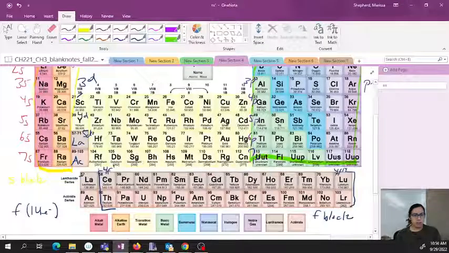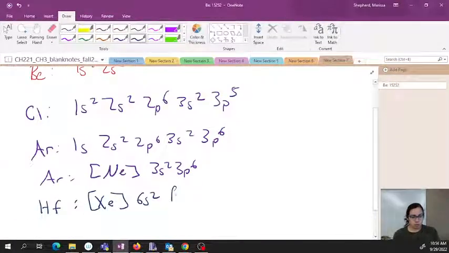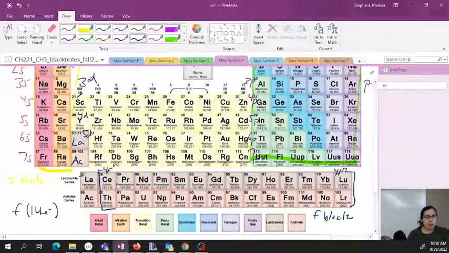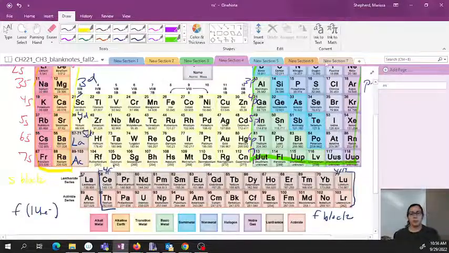Then we have to fill up this 4f14 because it's stuck here in the middle. 4f14. And then that brings us back to 5d2.